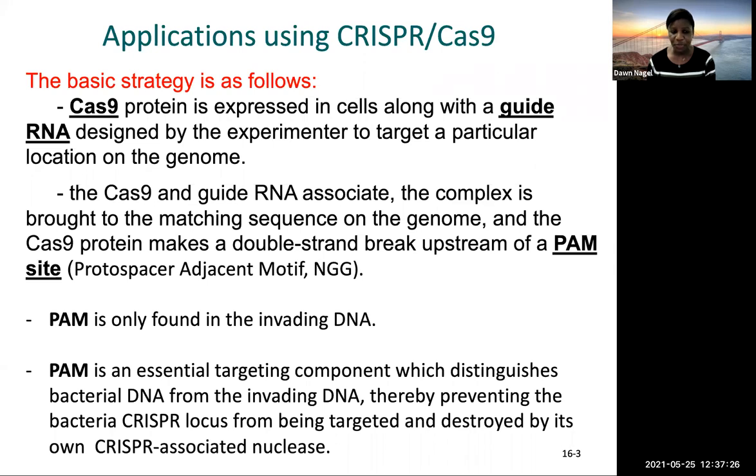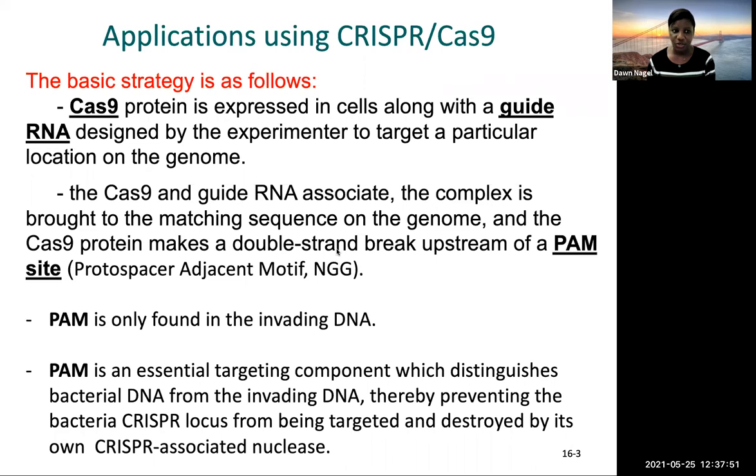This also requires that adjacent to that guide RNA, there's a protospacer adjacent motif, or a PAM site, as it's often referred to. This is important because the Cas9 protein recognizes this site, and that's where it makes the double-stranded break upstream of this site.